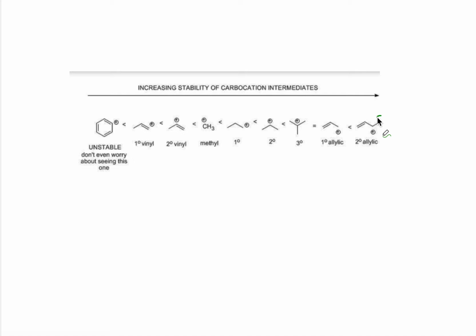One is the attached methyl group, which is inductively electron donating in nature and participates in hyperconjugation. There is no bond resonance. Second is the pi electron participation through resonance.